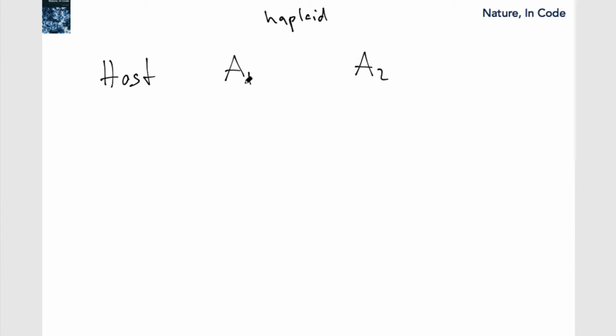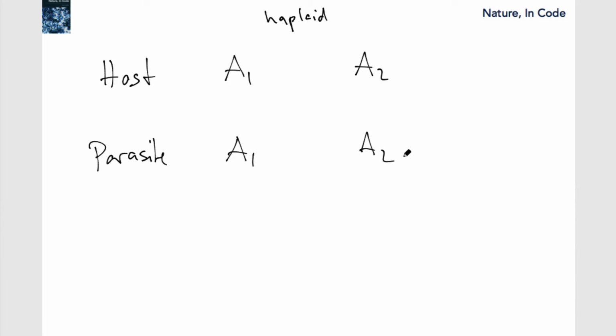No A1A1, no A1A2, no A2A2. There are only two possible genotypes: either A1 or A2. The same model, of course, would work with diploids as well, but since we now have two species, I want to make this model as simple as possible. So the parasite could also have an A1 and an A2 genotype in the simplest case.